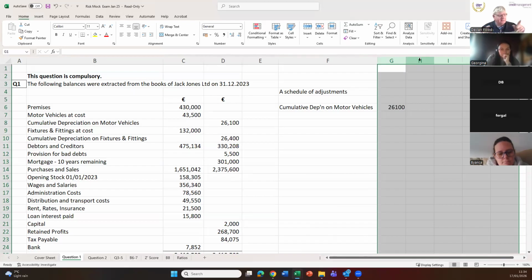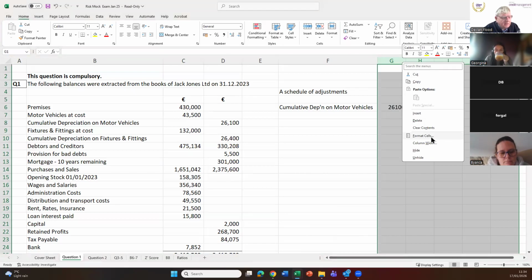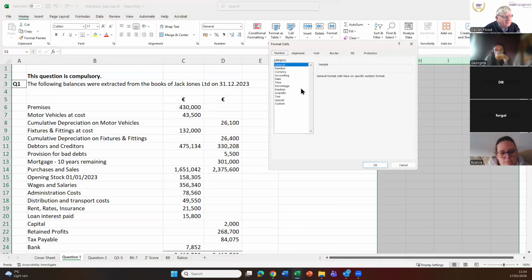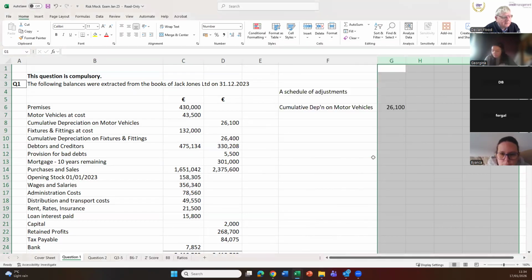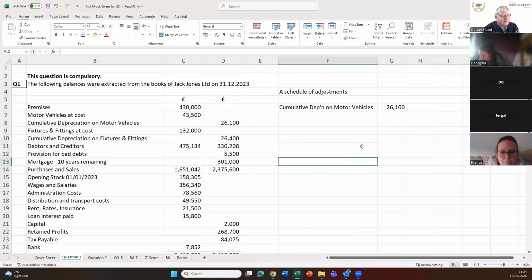So the period in this one, albeit a couple of years old, is to the 31st of December 2023. So I want to know, did they make a profit in that figure? So that's why I have to adjust the figures. So format cells, I'm just going to do it with a number, no decimals, and the comma, because I just think it keeps it clear.